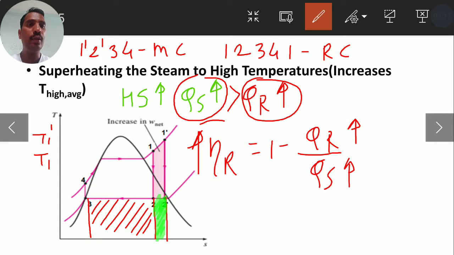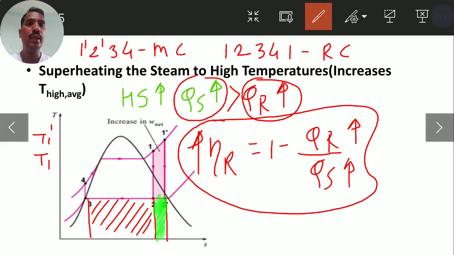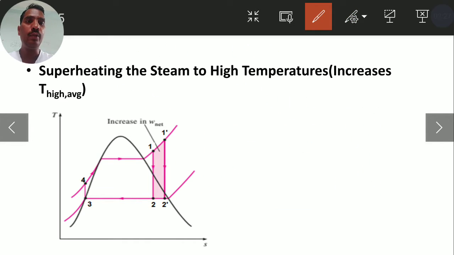So this is one advantage we are getting: by superheating the steam, we get more performance in the Rankine cycle.